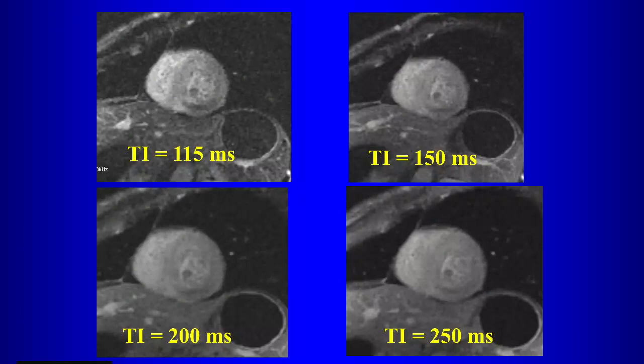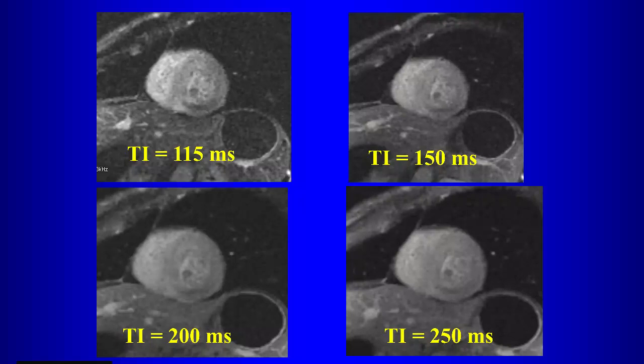So this is often the first clue that you're dealing with this disorder. Either like amyloid or sarcoid, well, which one? Amyloid. Right. So often the first clue is that when you're trying to suppress the myocardium, you're having a hard time doing it, because the amyloid deposition causes diffuse enhancement of the myocardium.